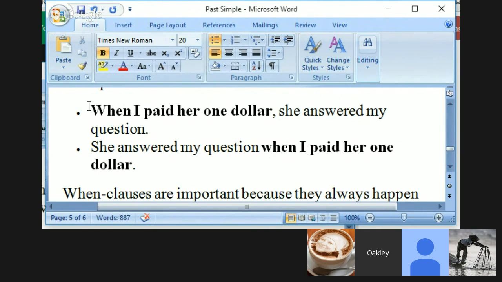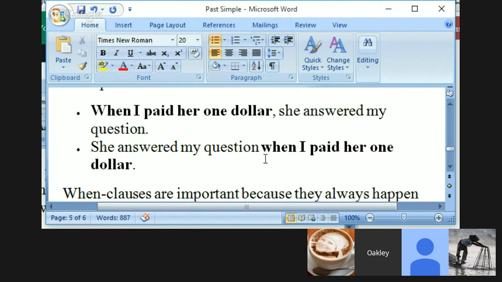This is a dependent clause and an independent clause. She answered my question is a full sentence, or independent clause. Couple things to notice. Notice this dependent clause can be in the front. First, when you're writing, you need to have a comma.